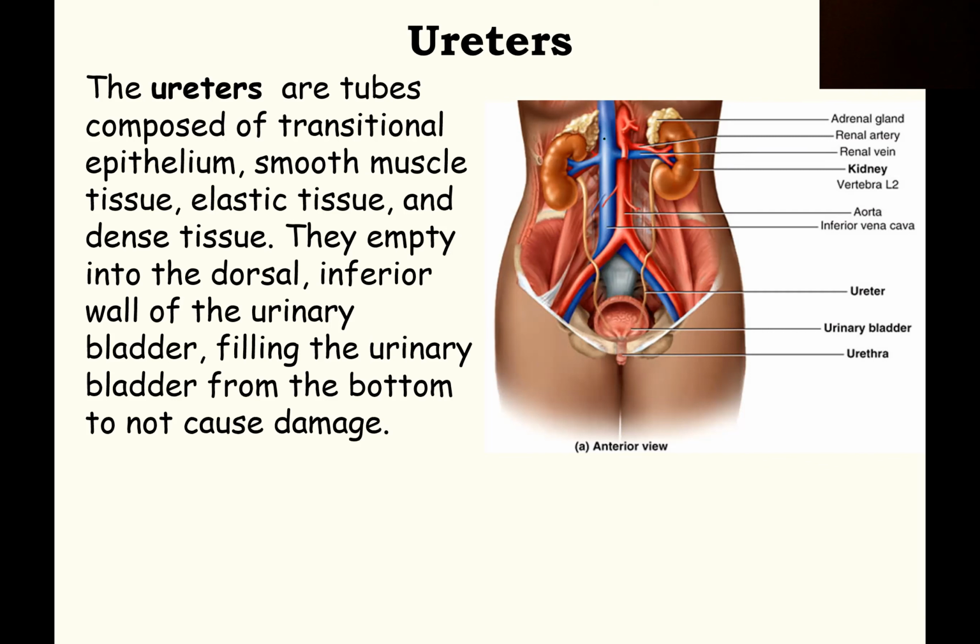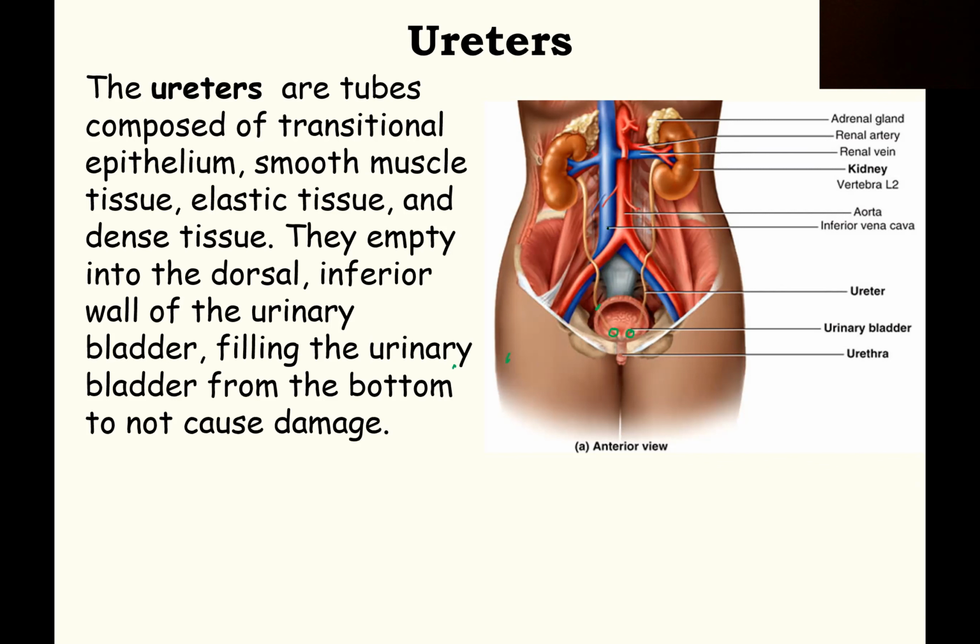They empty into the dorsal inferior wall of the urinary bladder. So way down here. That way we fill the urinary bladder from the bottom up and we don't cause damage. So the tubes may look like they end here, but they go behind the urinary bladder and empty in at the bottom.